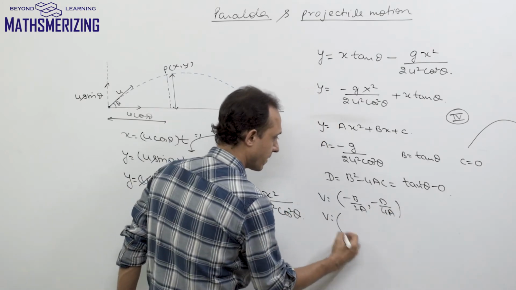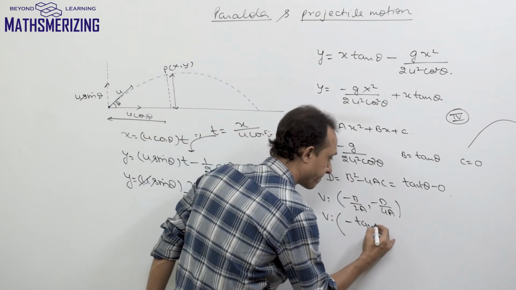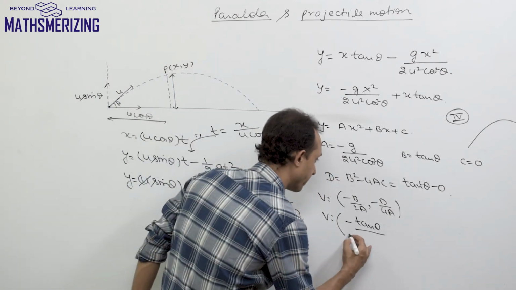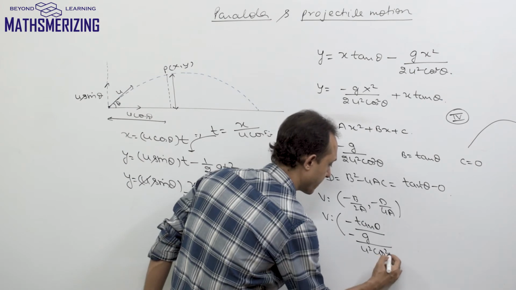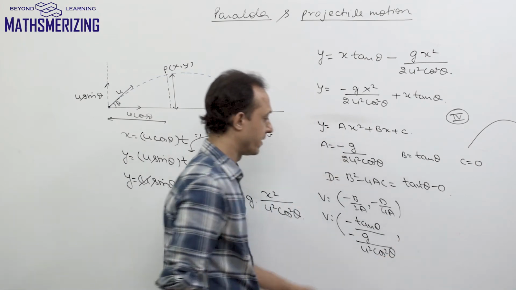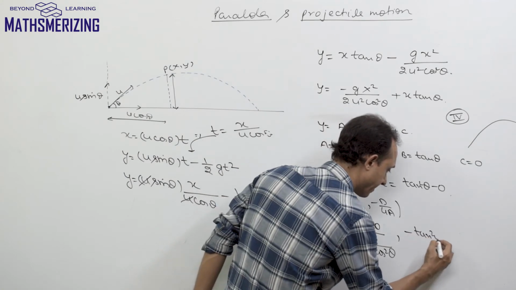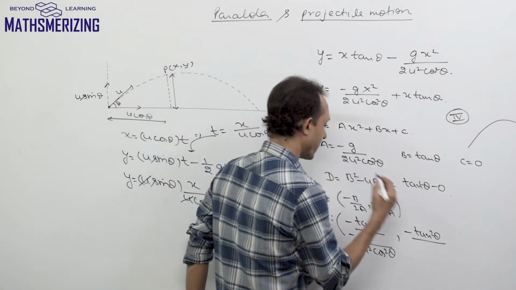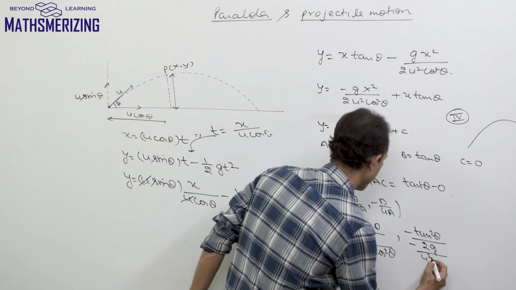Minus b will be minus tan theta upon 2a. 2a in this case will be minus g upon u square cos square theta, and then minus D will be minus tan square theta upon 4a. 4a in this case will be minus 2g upon u square cos square theta.